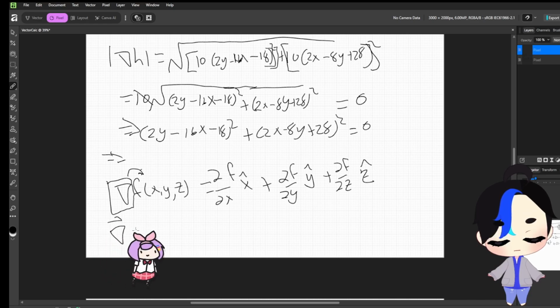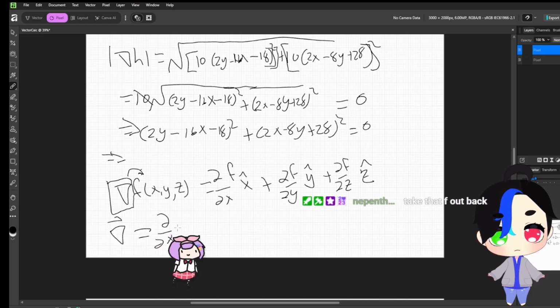We'll call this the gradient operator, and it's equal to just the derivative operators.